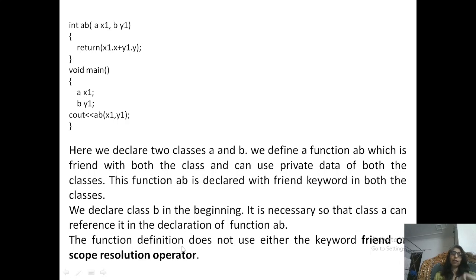But as AB is not a member of any of the classes, we don't need to use the scope resolution operator. So it is defined without any scope resolution operator. And here we don't use the keyword friend because it is just like any ordinary function, a function which is defined as a general function.